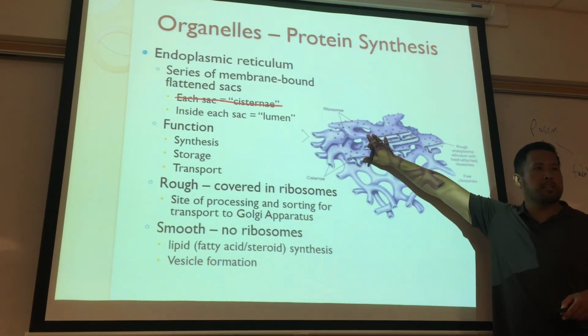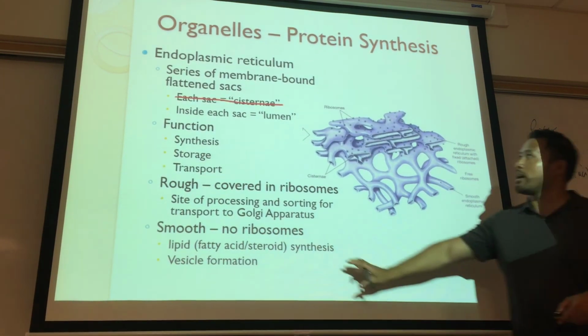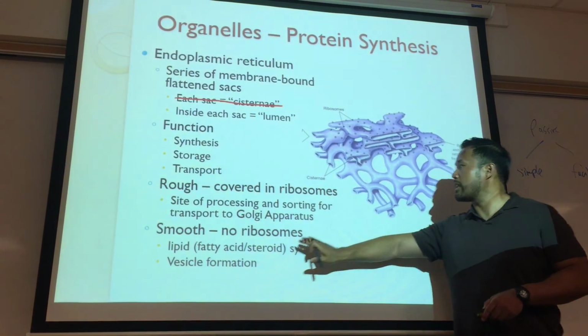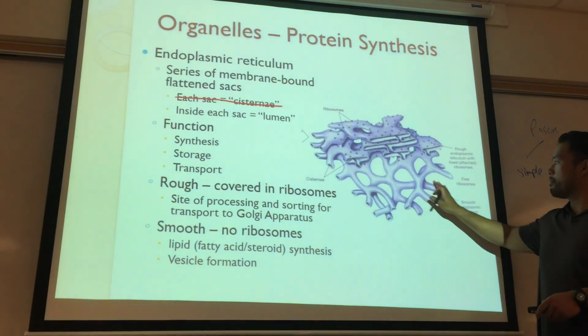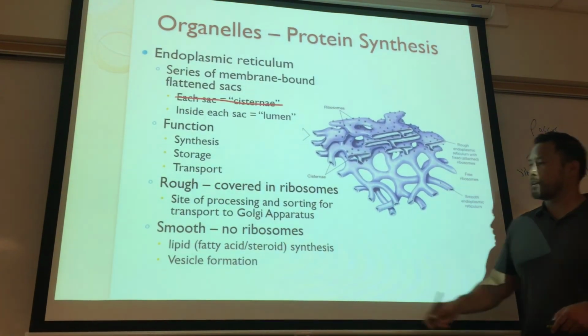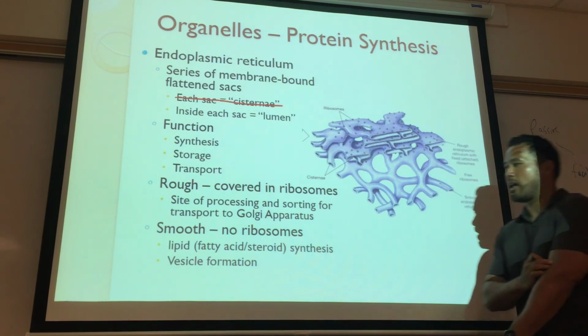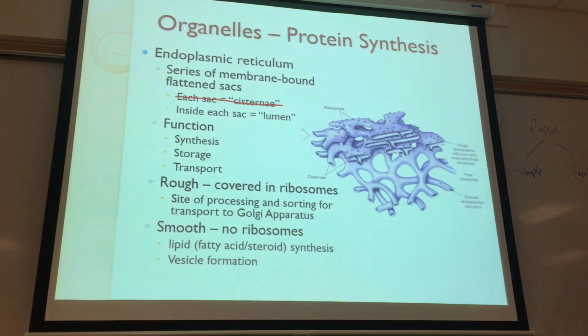These produce proteins. Smooth endoplasmic reticulum are the ones that don't have ribosomes on them. And those are specifically for producing any lipids of any kind. So if you were to see rough endoplasmic reticulum, you know they have ribosomes on there and they're geared for production of proteins.